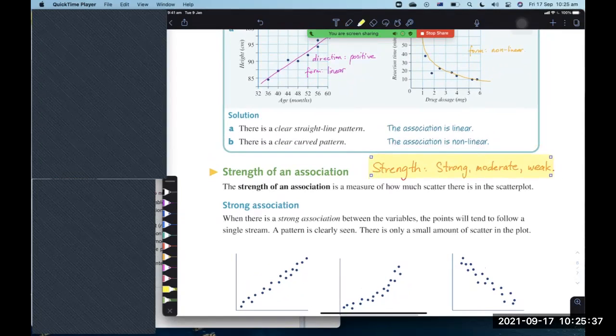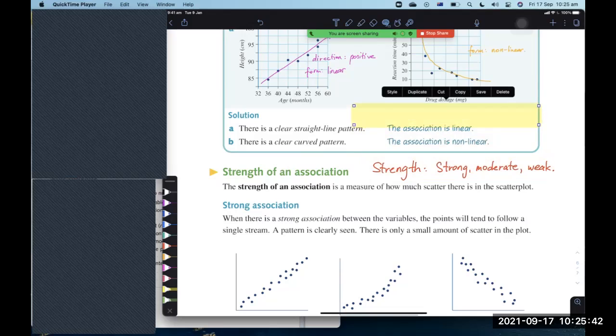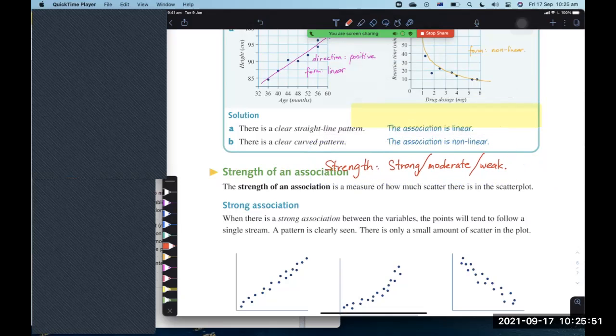And this is strong, moderate, weak. I've got one more option, no association as well. 1, 2, 3.